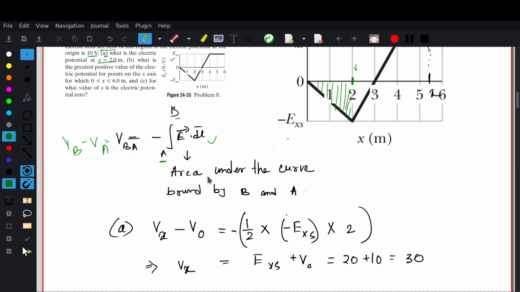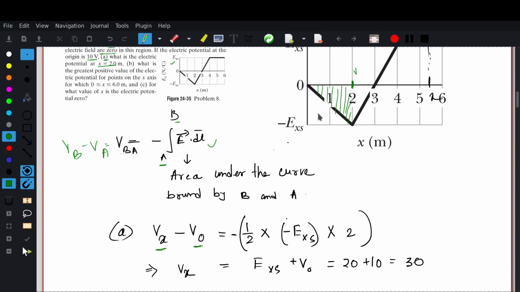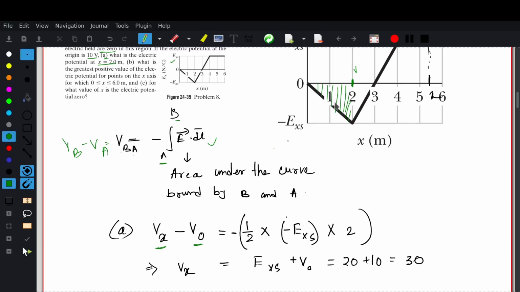So what we will do here is calculate the potential difference between point x and point 0. This E dot dl for this case is just this triangular region, and you don't need to do integration. You can just ask what the area of the triangle is: half times height times base.